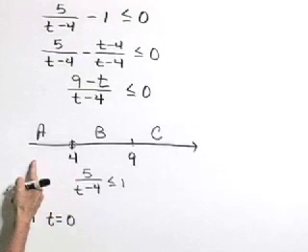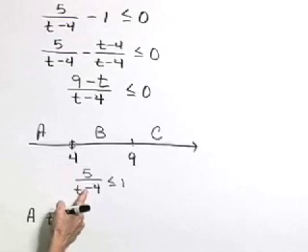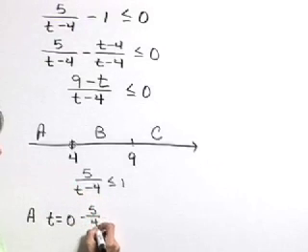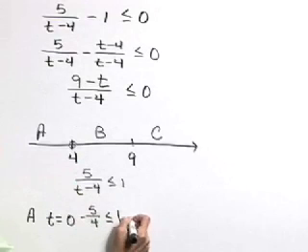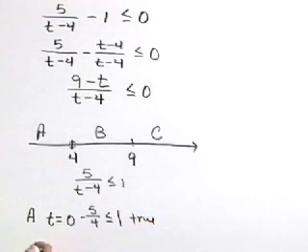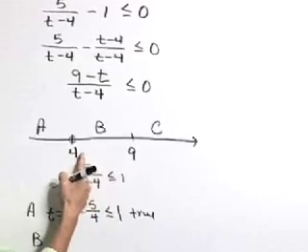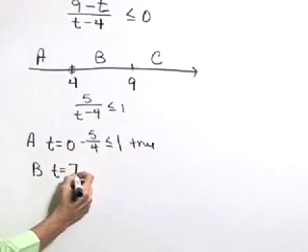That's a number that's clearly smaller than 4. Now, is 5 over 0 minus 4, or negative 5/4, less than or equal to 1? Sure, that's true.